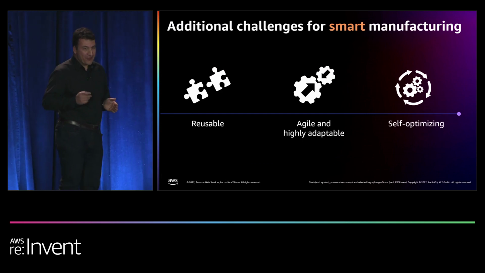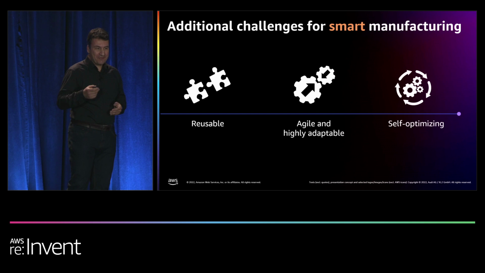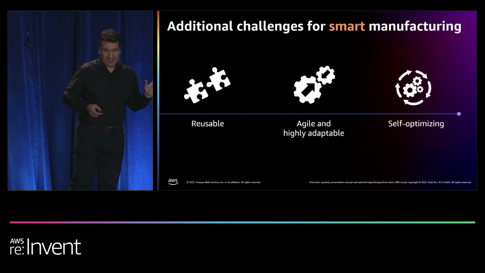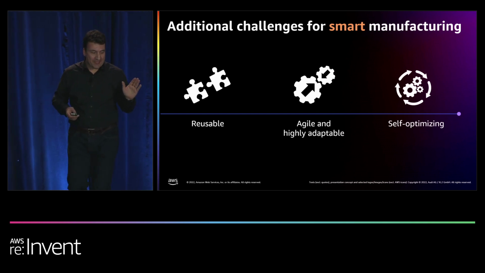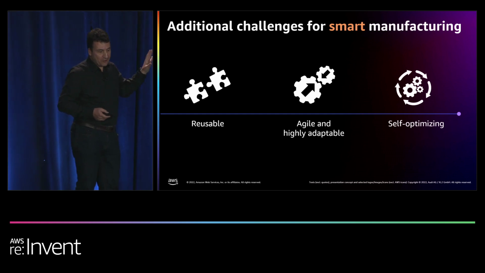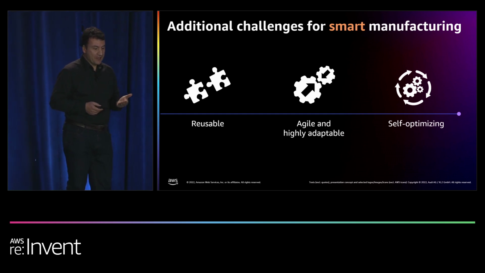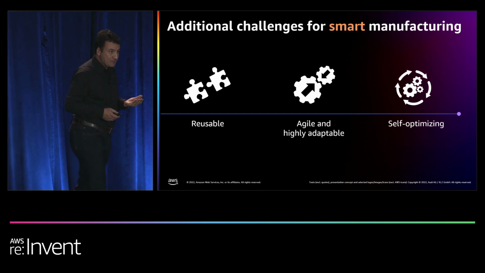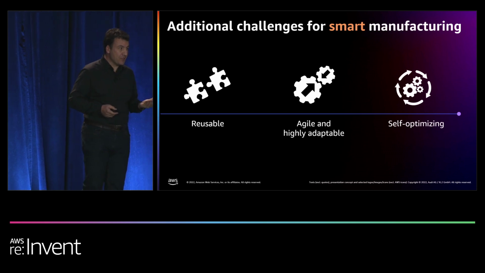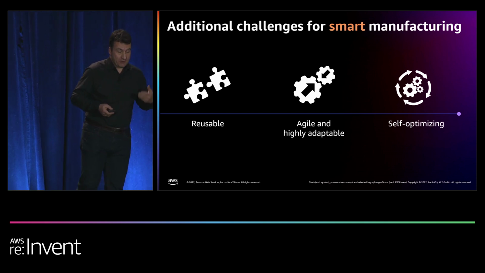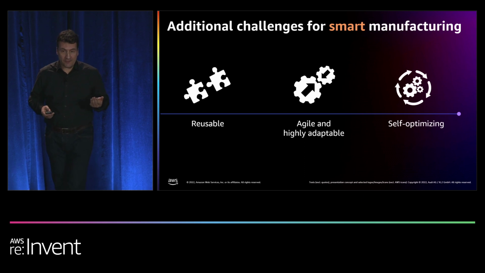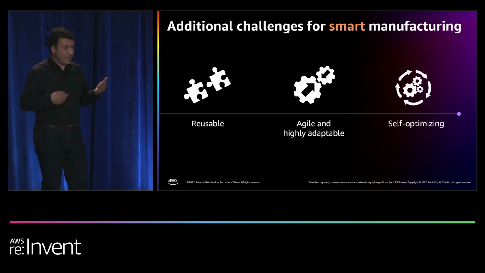Fortunately, there are more challenges, especially for smart manufacturing. And actually, the principles and patterns I will present will focus mainly on those additional challenges. This is reusability. We don't want to implement things twice. We want to reuse, we want to standardize, and we want to be highly adaptable.